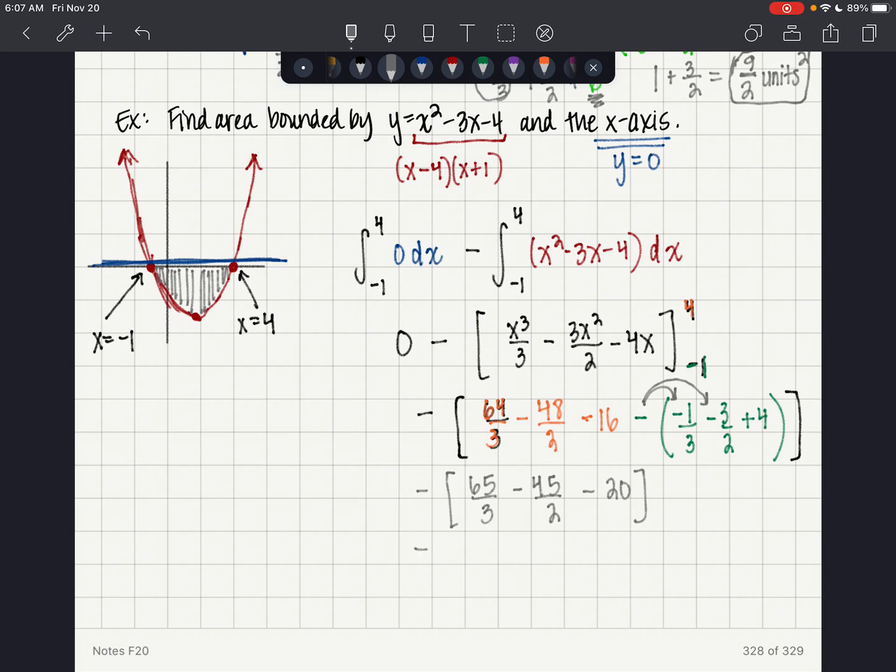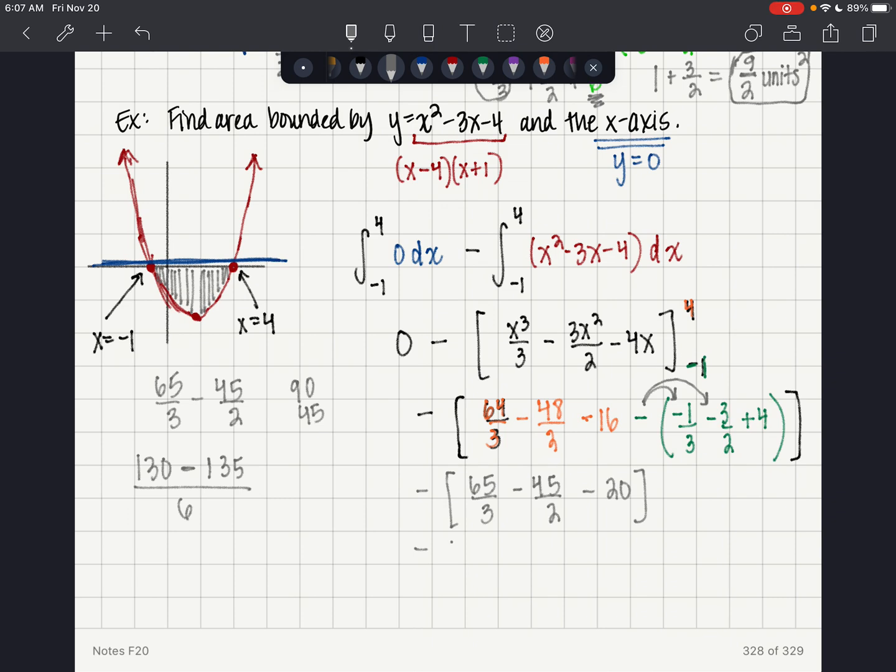So when I combine 65 thirds minus 45 halves, I'm going to show you how I do this so quickly. 65 times 2 is 130 minus 3 times 45, that's 135. 90 plus 45 is 135.